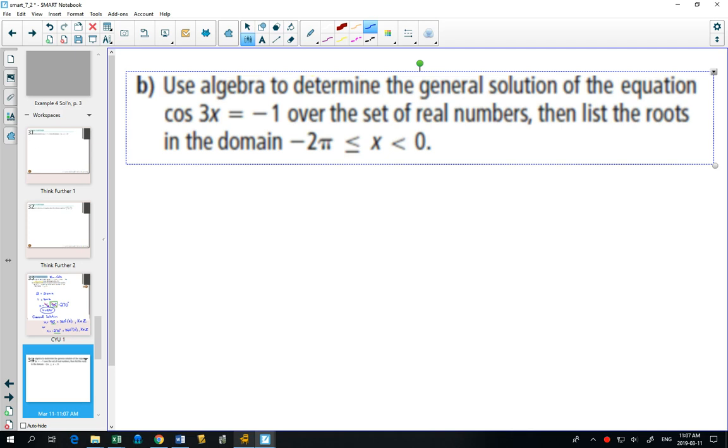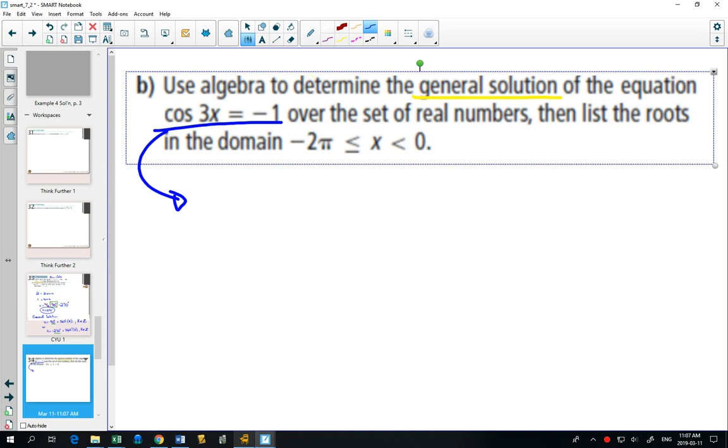Use algebra to determine the general solution, so this is important terminology here, of the equation cos 3x minus 1 over the set of real numbers, then list the roots in the domain from negative 2 pi to 0. What does that remind you of?